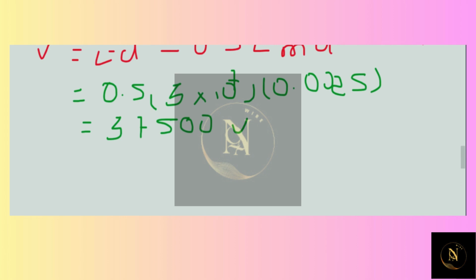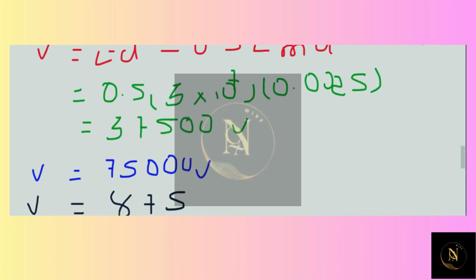Similarly, we can calculate for the polyester. So for the polyester, V is equivalent to 75,000 volt. For the polypropylene, V is equal to 87,500 volt.